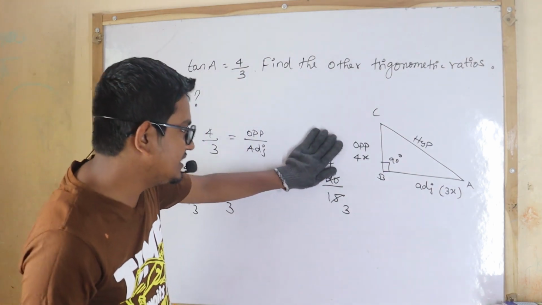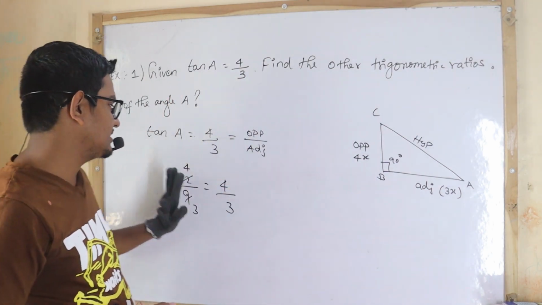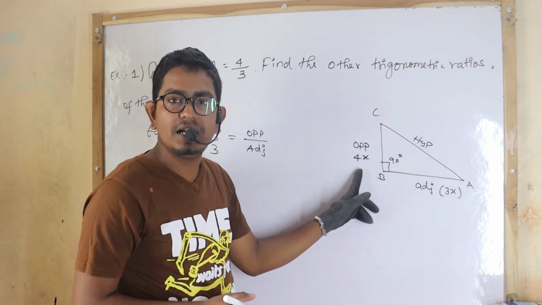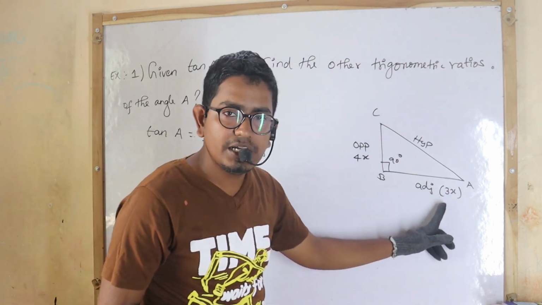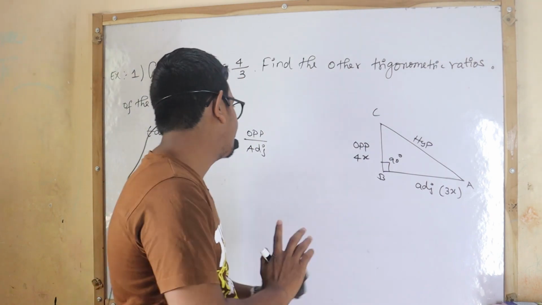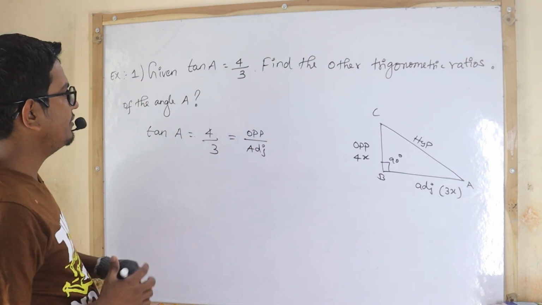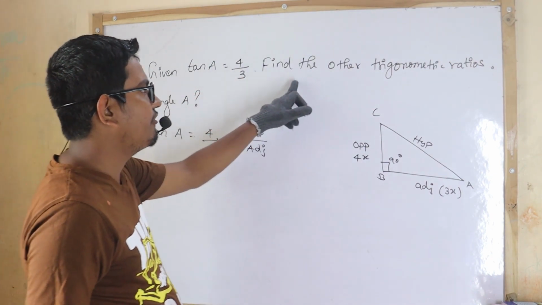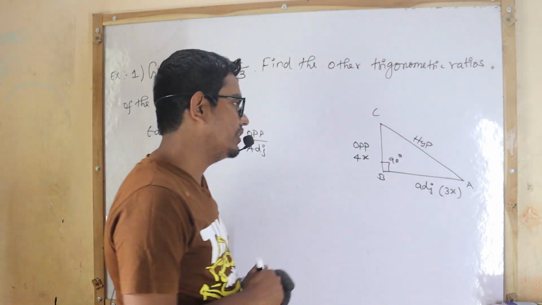So I am choosing the sides as 4x and 3x, that means multiples of 4 and multiples of 3. Now I am moving to the question. They are asking to find the other trigonometric ratios.